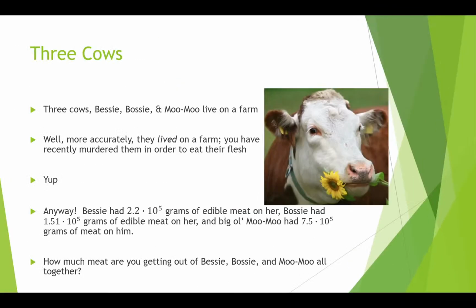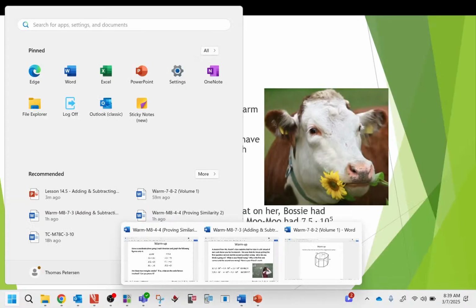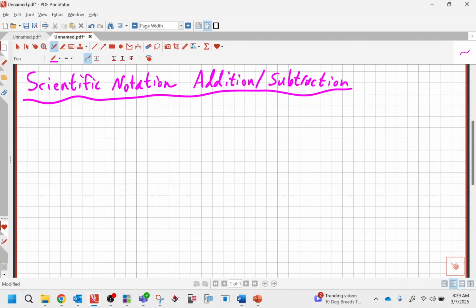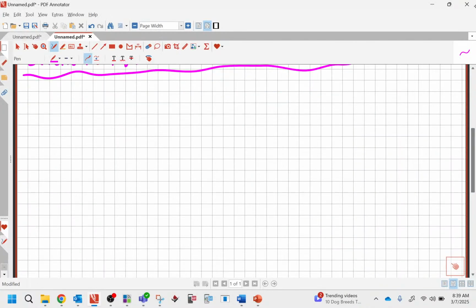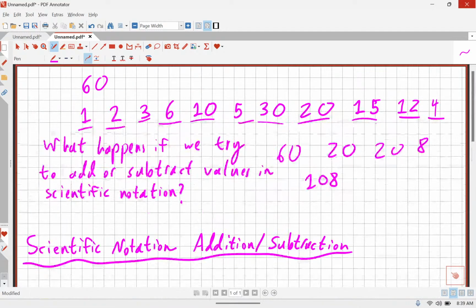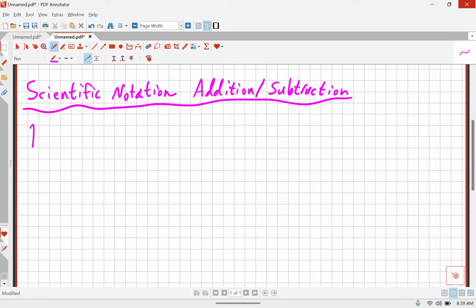Let's see here. 2.2 times 10 to the 5th was Bessie. Bessie, she was the sweetheart. 2.2 times 10 to the 5th grams. Then we got Bossy.